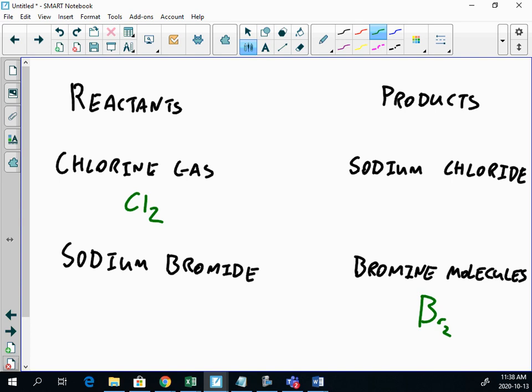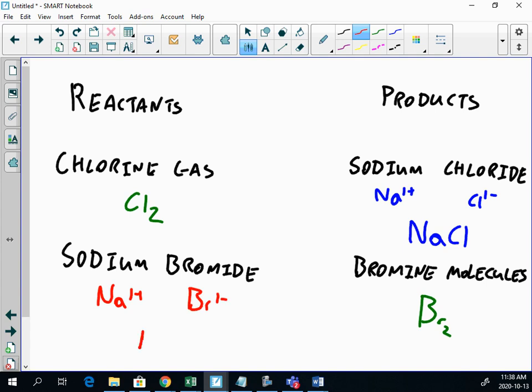When it comes to the salts, sodium chloride and sodium bromide, I should realize that sodium has a charge of +1, chloride has a charge of -1. So those guys are balanced, and I get NaCl, table salt. And then over here, sodium has a charge of +1, bromine has a charge of -1.